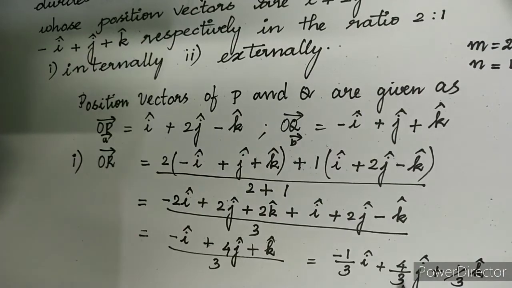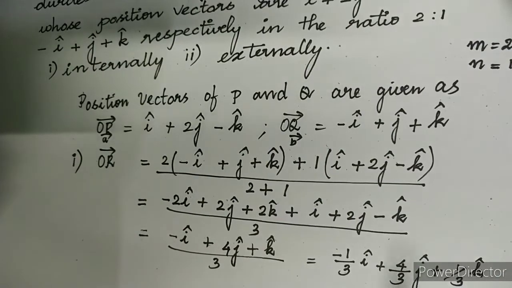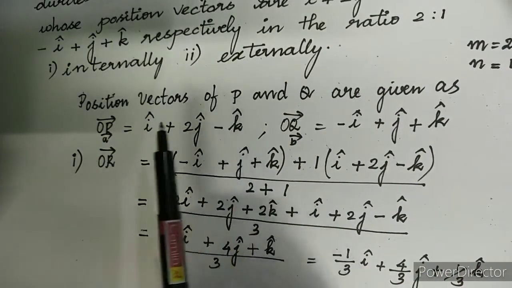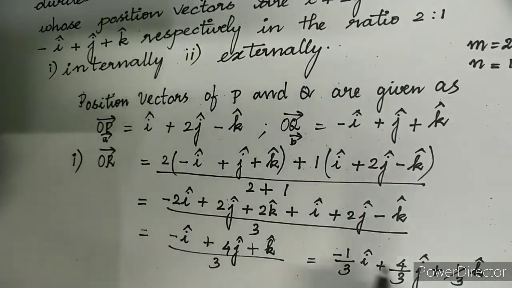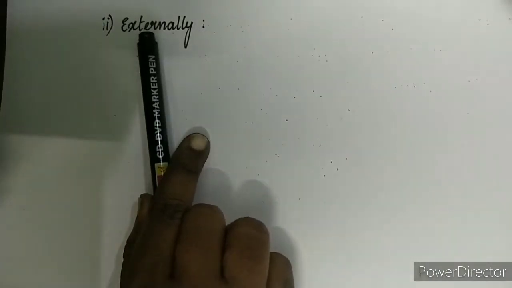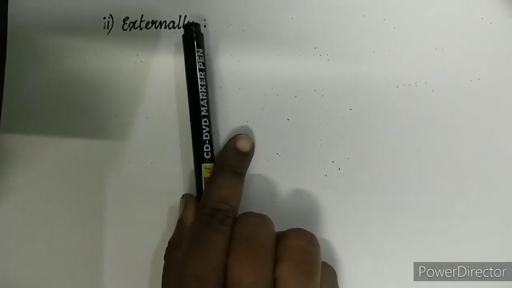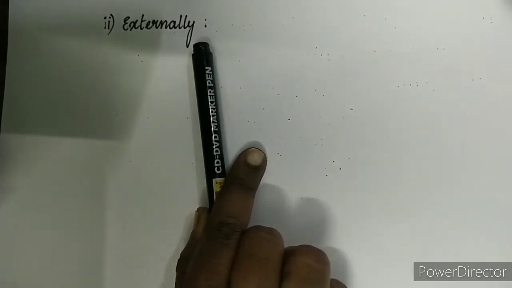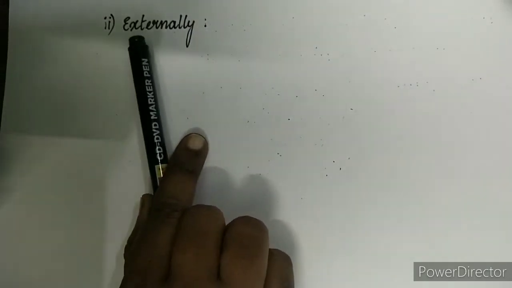This is the position vector of the point R, which is dividing the points P and Q in the ratio 2:1 internally. Second subdivision is, we are going to find the position vector of the point R, which divides the line segment P and Q in the ratio 2:1 externally.